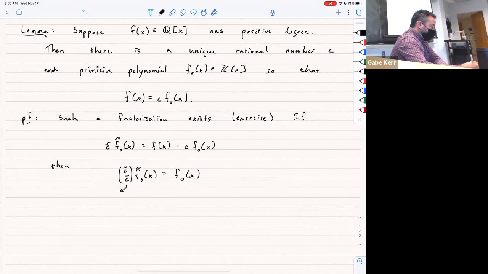If I call this number r, it's a rational number. What can you tell me about r?